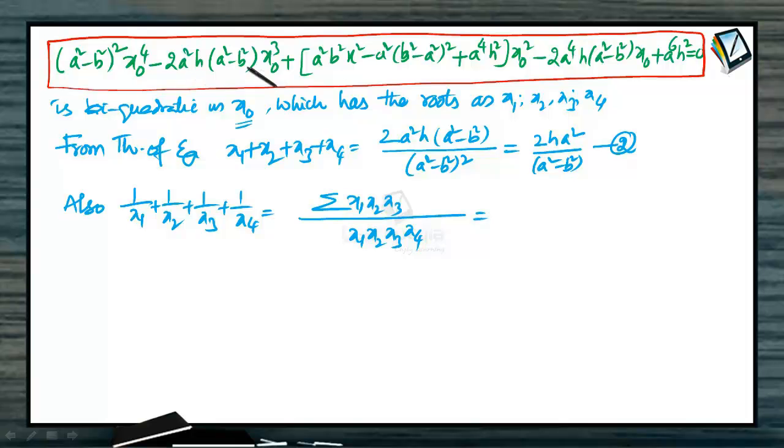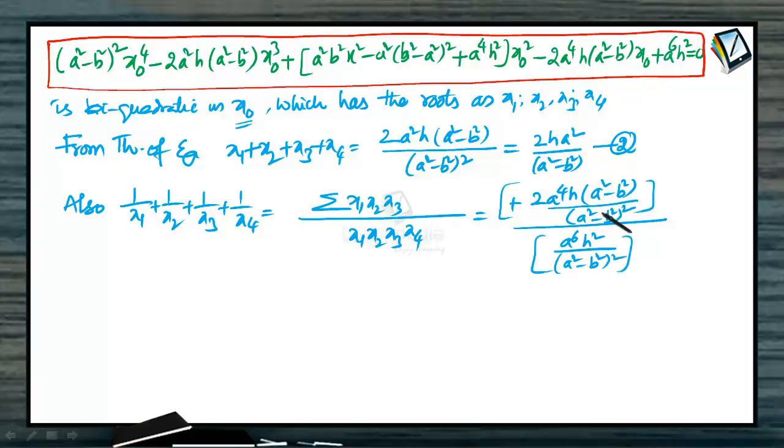That is s3 by s4, which is minus into minus plus 2 into a power 4 h times a square minus b square divided by a square minus b square whole square, divided by x1 x2 x3 x4, the product, that is a power 6 h square divided by a square minus b square whole square. Now if I simplify this, a square minus b square whole square goes away, a power 4 cancels twice and h cancels once, leaving 2 into a square minus b square by the denominator a square into h. Say this is number 3.